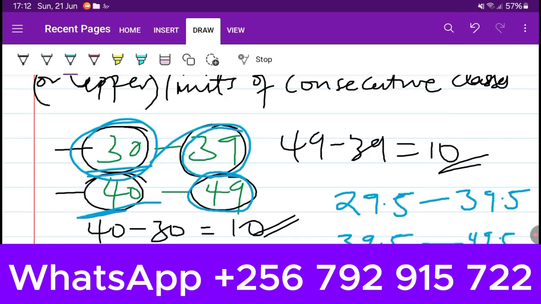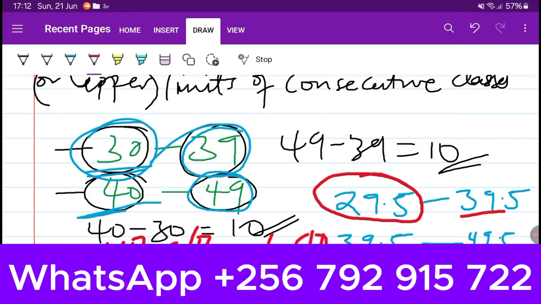And they told us we just get the numerical difference between the lower and the upper class boundary. This is the lower class boundary, and this is the upper. So we take the upper class boundary minus the lower class boundary.